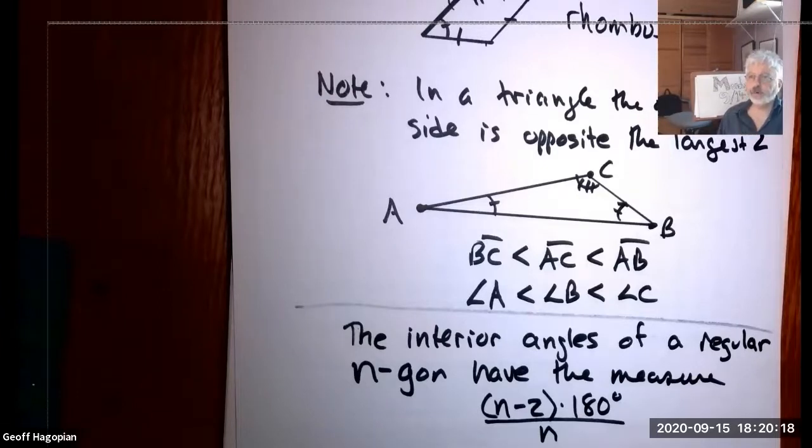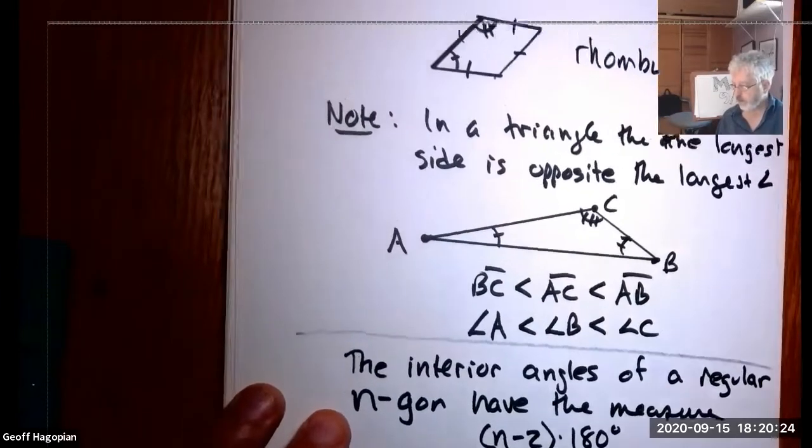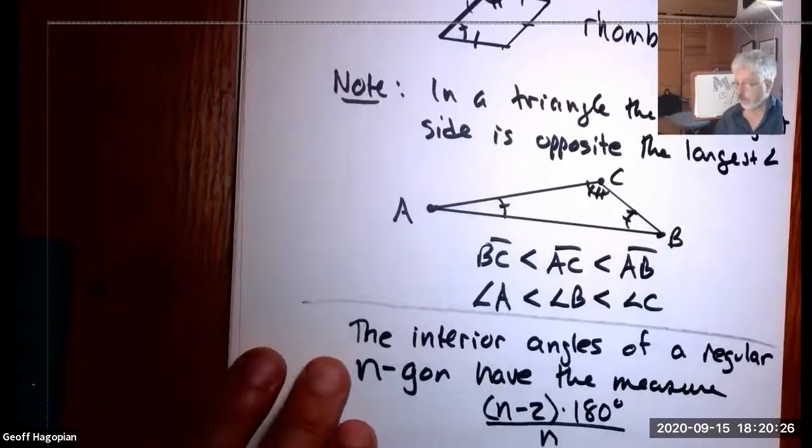Okay, so there's your formula for the interior angles. So should we have an example of these? Maybe we can make a little table.